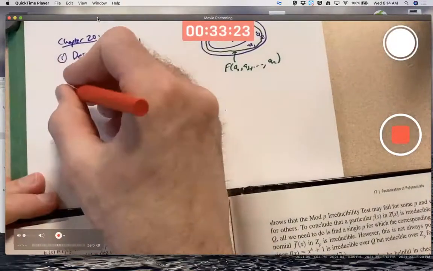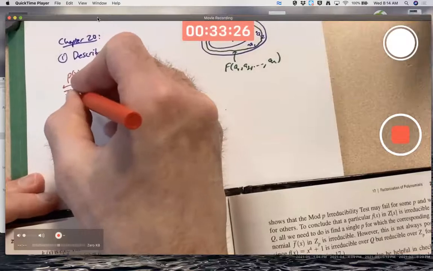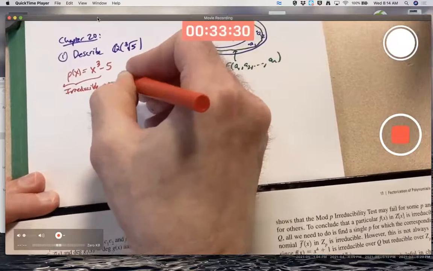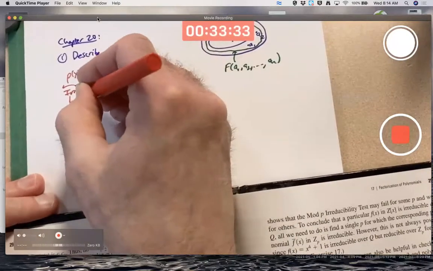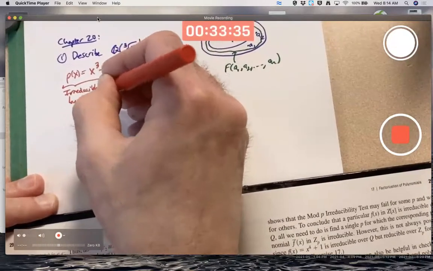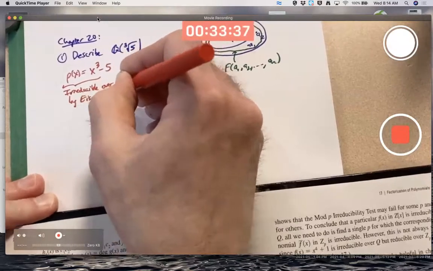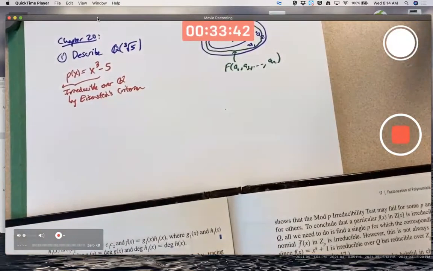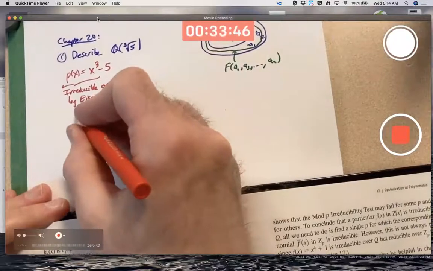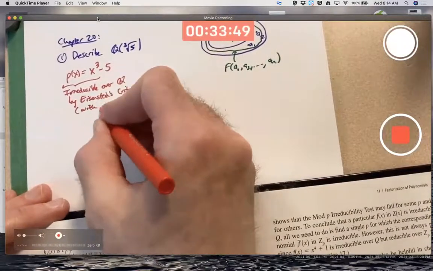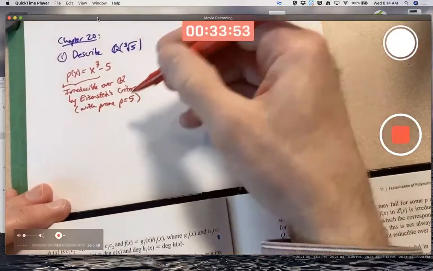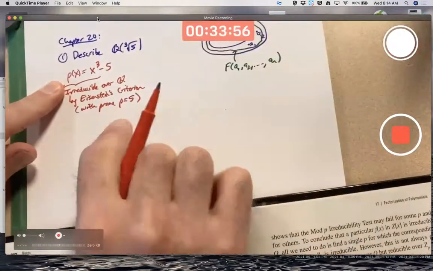This is irreducible over Q by Eisenstein's criterion, with the prime taken to be 5. This p does not equal this p, right? That's a prime, that's a polynomial.